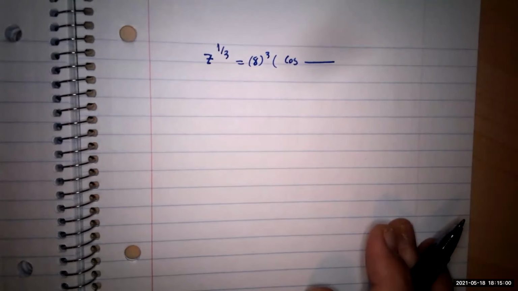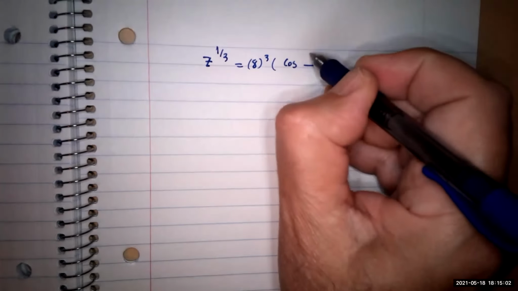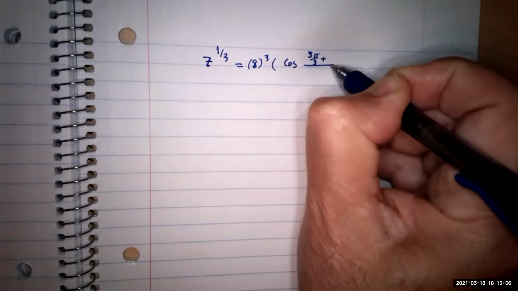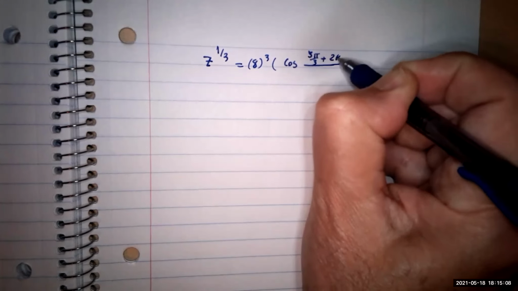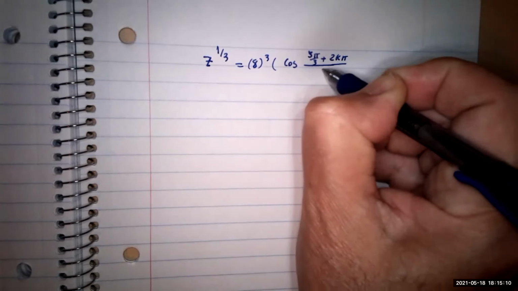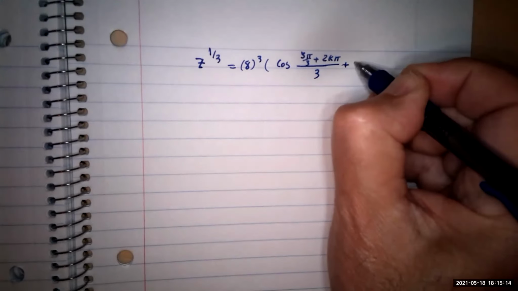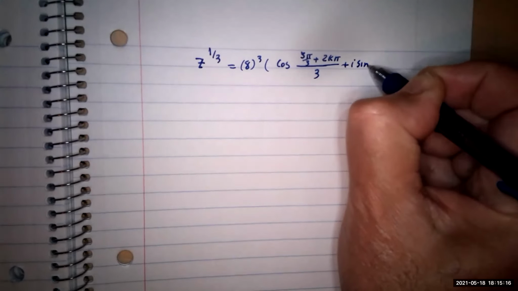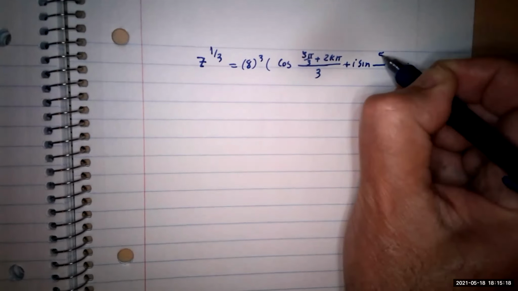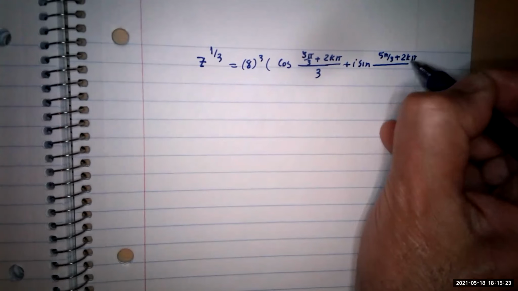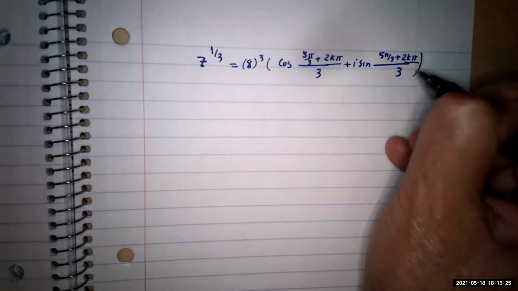The theta is 5 pi over 3, so it is going to be cosine of (5 pi over 3 plus 2k pi) divided by n, which is 3, plus i sine of (5 pi over 3 again, plus 2k pi) over 3.